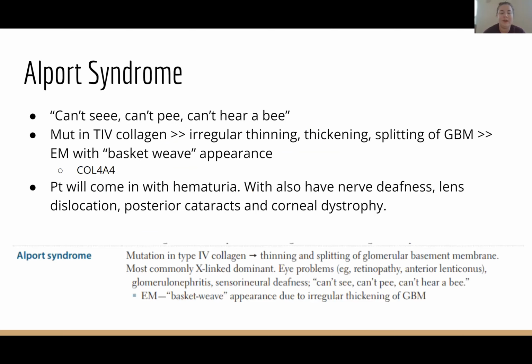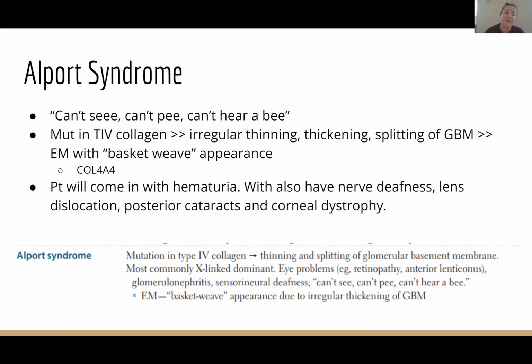Alport syndrome: can't see, can't pee, can't hear. Straight from First Aid, it's a mutation in type 4 collagen. So you're getting irregular thinning, thickening, and splitting of the glomerular basement membrane, which causes a basket weave appearance on electron microscopy.